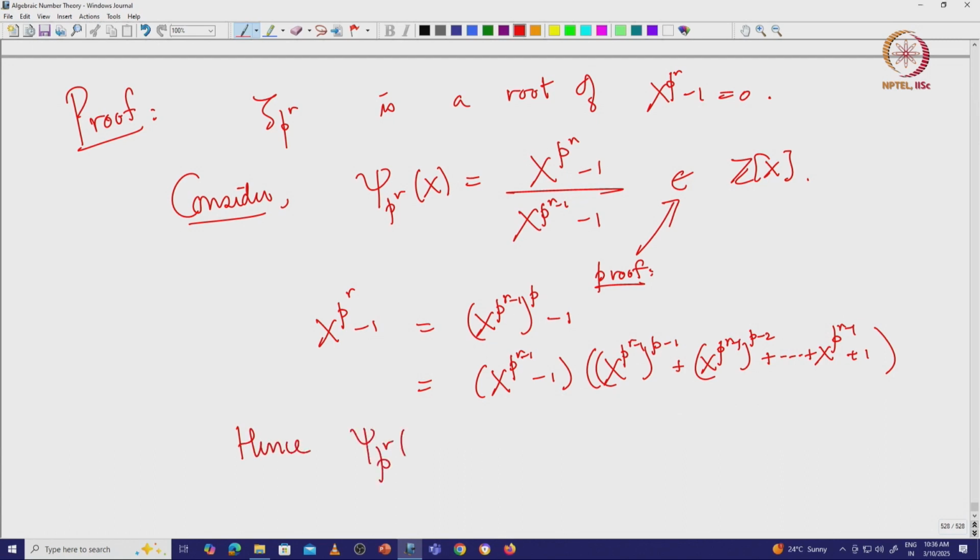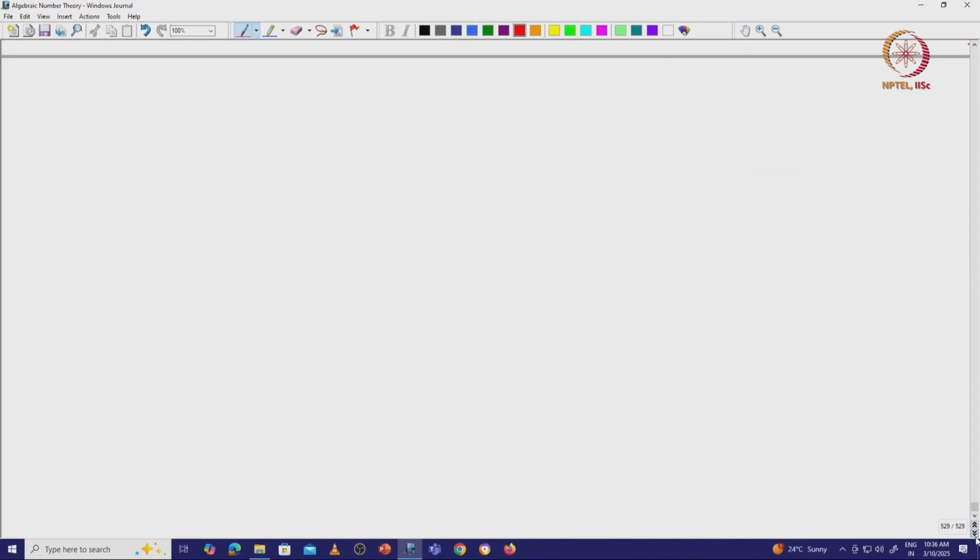Hence, psi p to the r (x) is in Z[x], right? And furthermore, we know that zeta p to the r to the power p to the r minus 1 is not equal to 0.